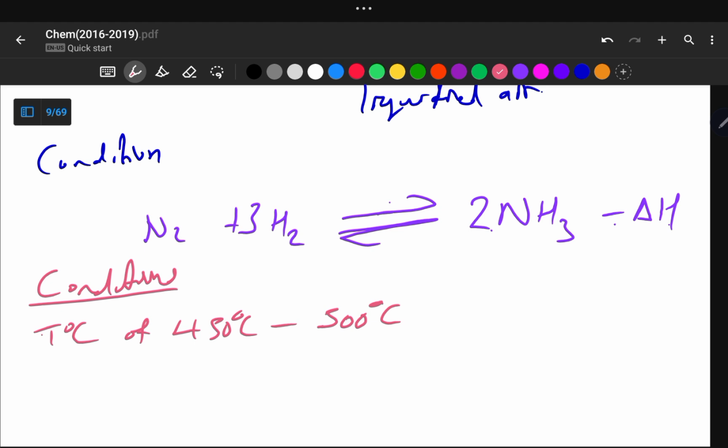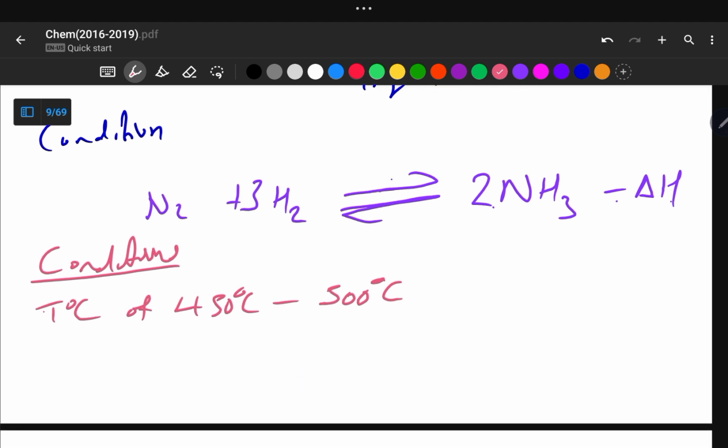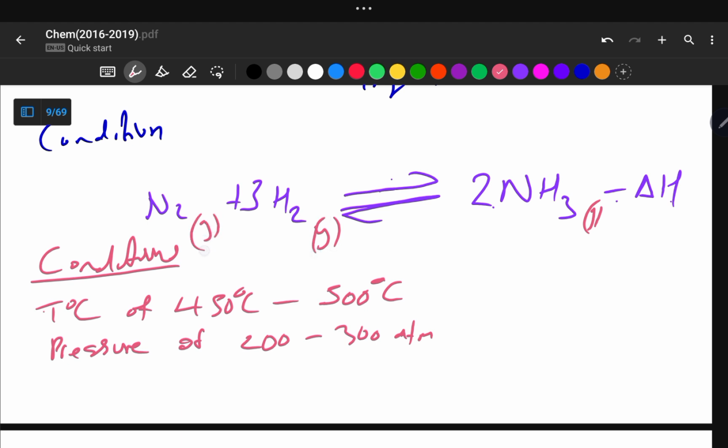And also we are going to use a pressure of about 200 to 300 atms, right? Increasing pressure will favor the side where there is a fewer number of moles of gas. So this is in gaseous phase, and this one gaseous phase, and this one also in gaseous phase.